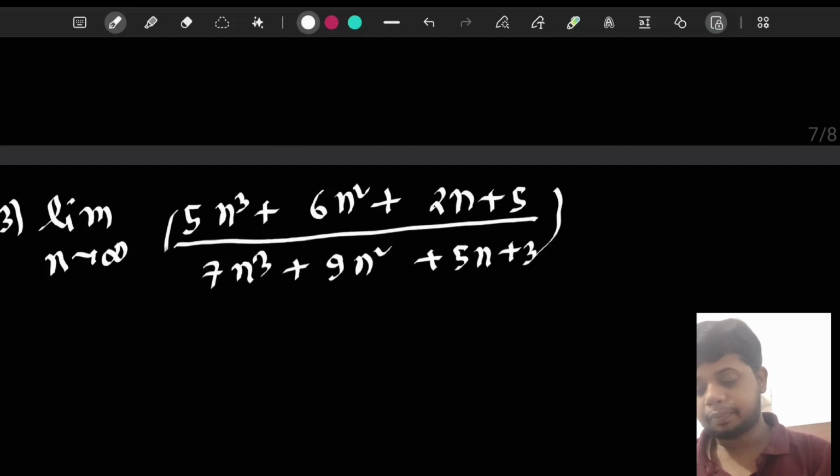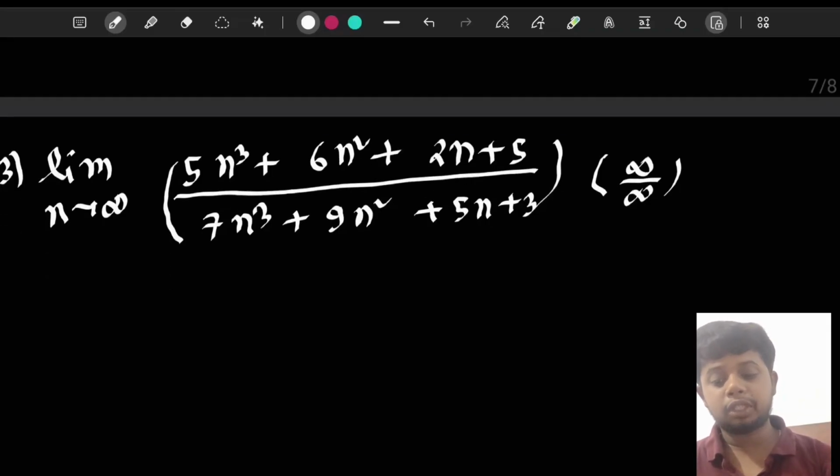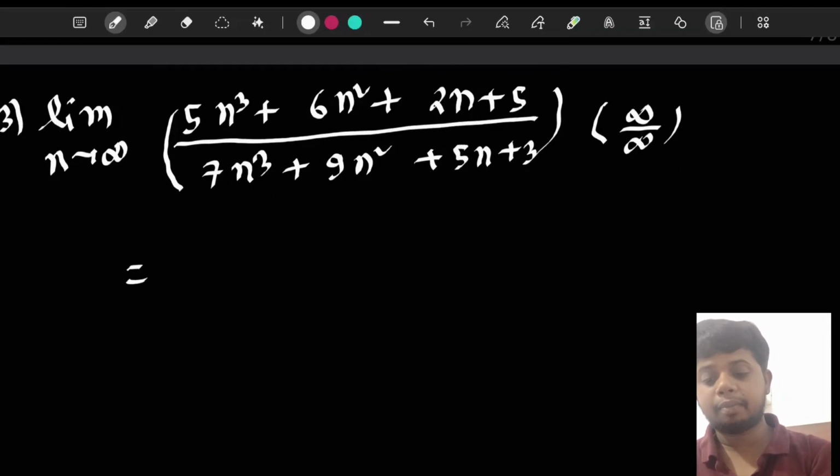Tell me the answer. You guessed it. First it is the infinity by infinity form. Tell me by which you have to divide. Correct, we have to divide by n cube. Now here also everything else will become 0. What will the answer be? Can you tell me?